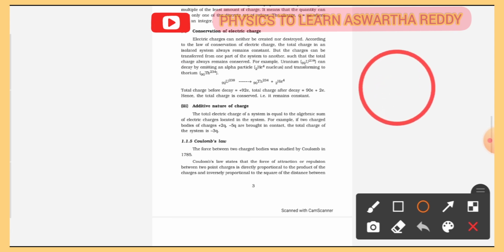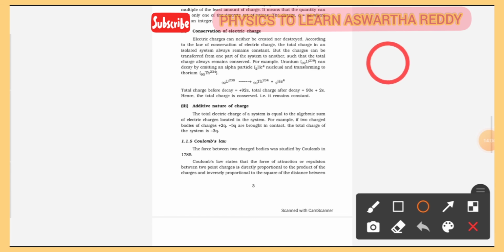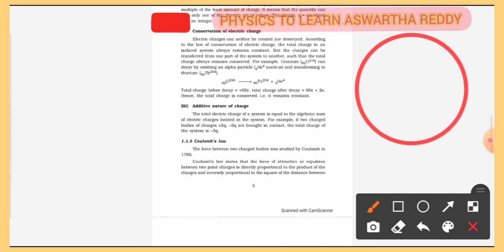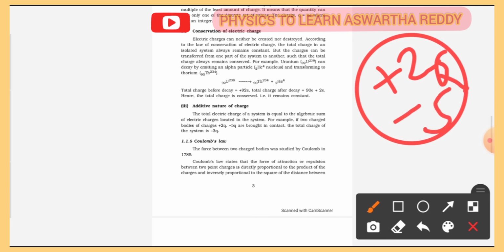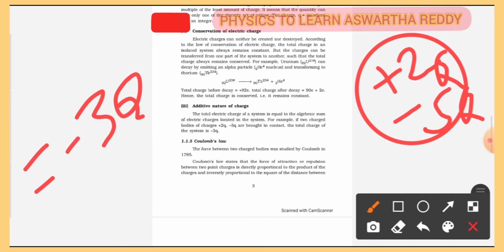Consider one body, which has, for example, plus 2q charge, and one more with minus 5q charge. What we can say is that one is positive and one is negative, so the net equivalent is minus 3q charge.